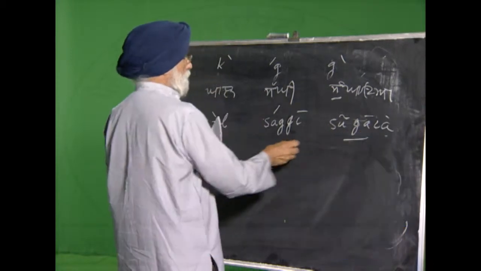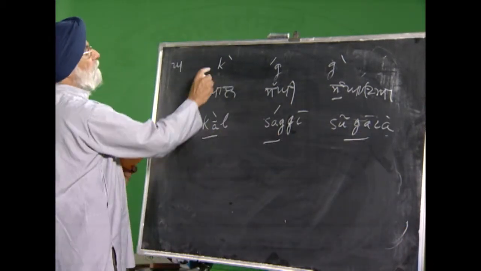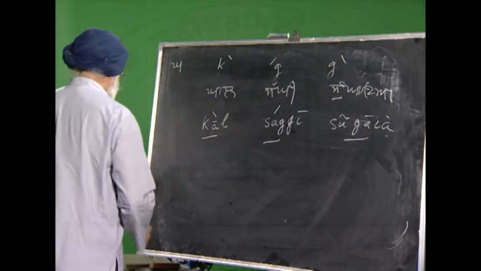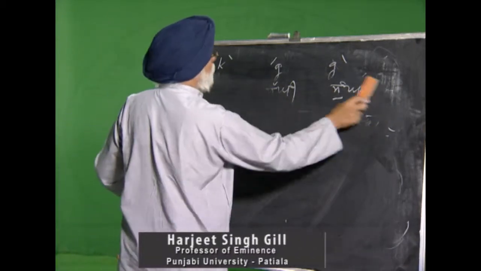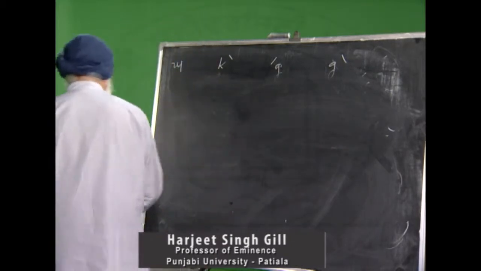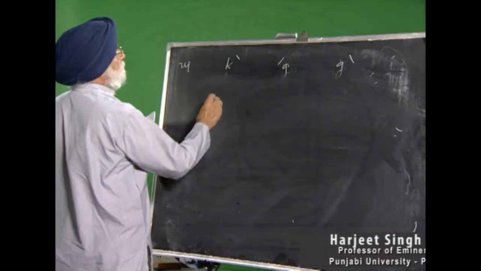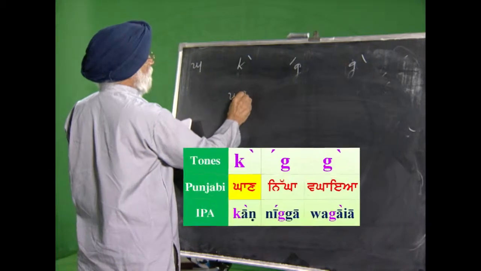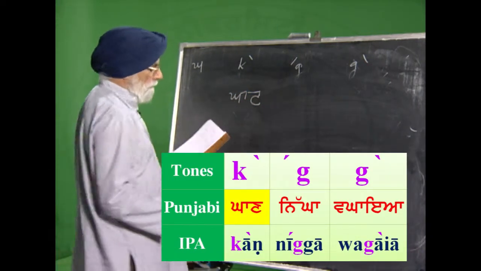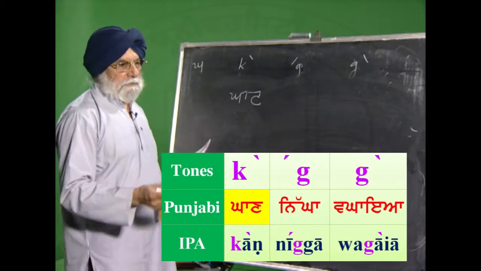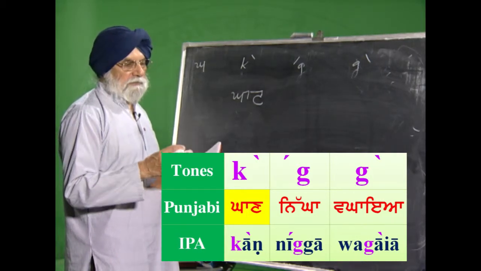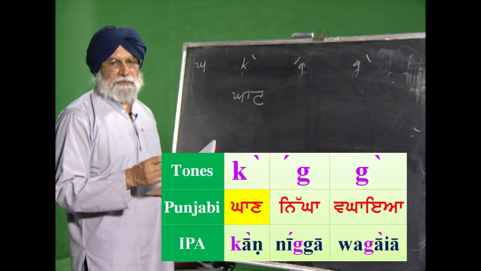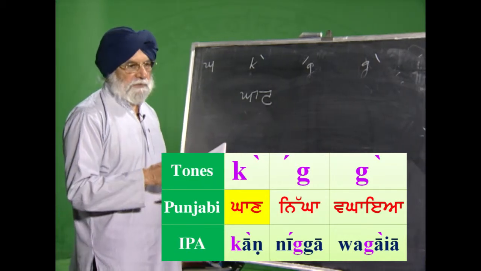You see the same pattern. This is what we have up there. Now, the last example in this series. You see, the idea of giving different examples is to show that the quality of the vowel, the change in vowel, does not affect the pattern.